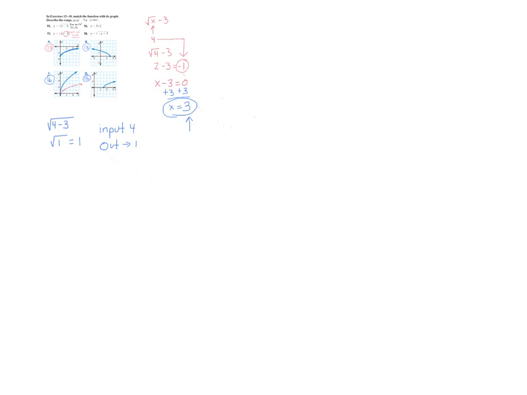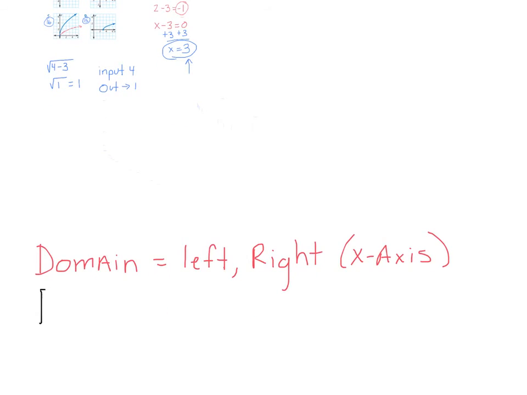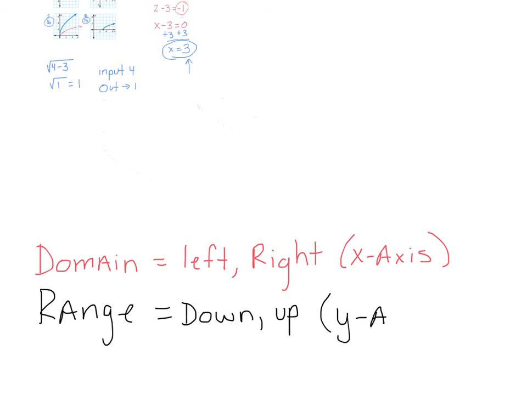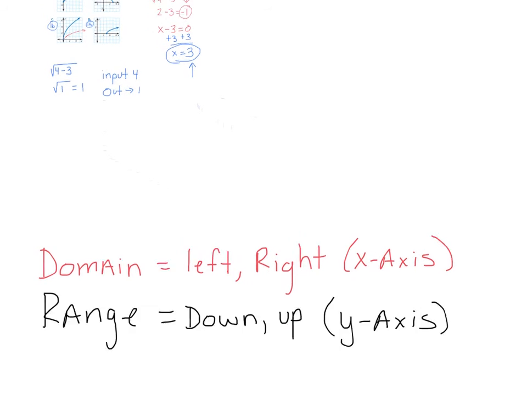Okay? And then when we're talking about range, it's not left and right, it's how far down does the graph go and how far up does the graph go. And we're looking at the y-axis values. Okay? So let's go do some problems.